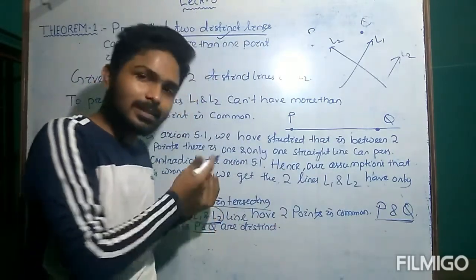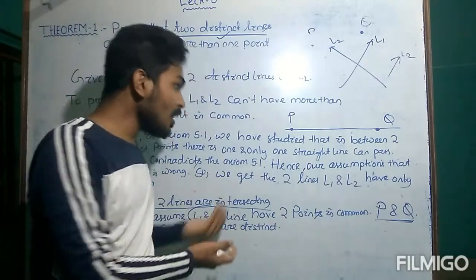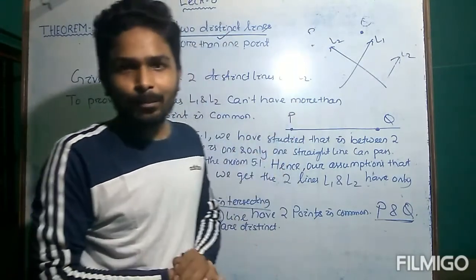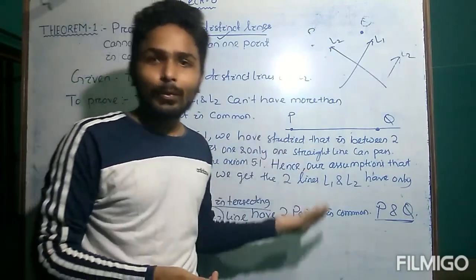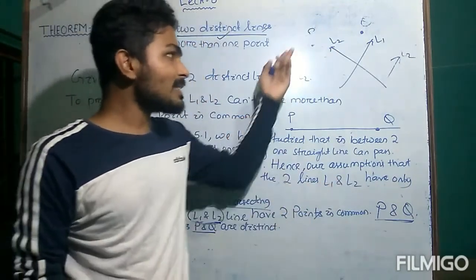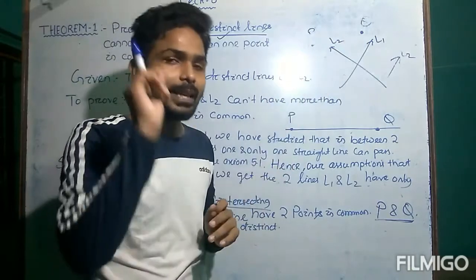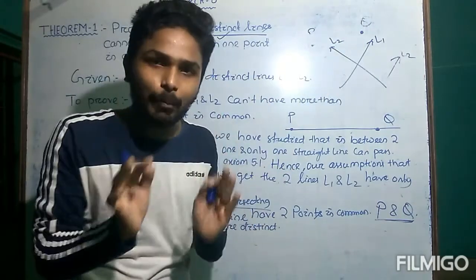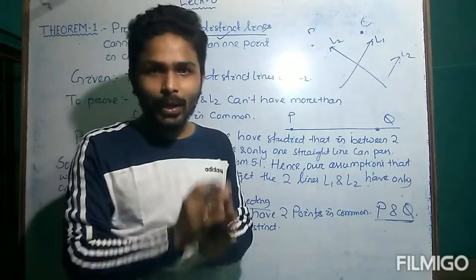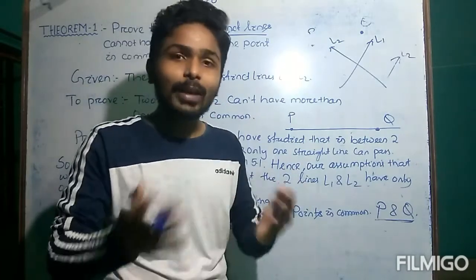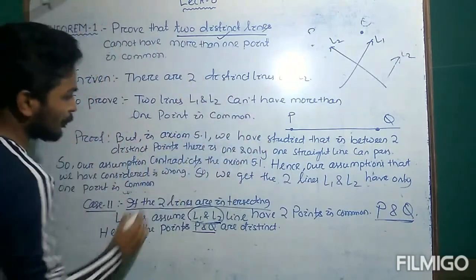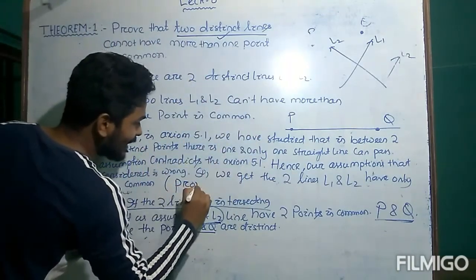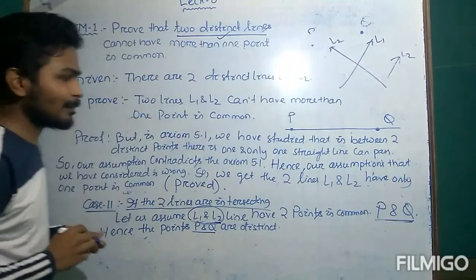So your assumption is completely wrong, and it contradicts our axiom. So our assumption is wrong. So what do we get? We get that the two lines L1 and L2 can pass through only a single point. So they have only one point in common, and they don't have 2 points or more than 1 point in common. This is our proof. Hence it is proved. Right?